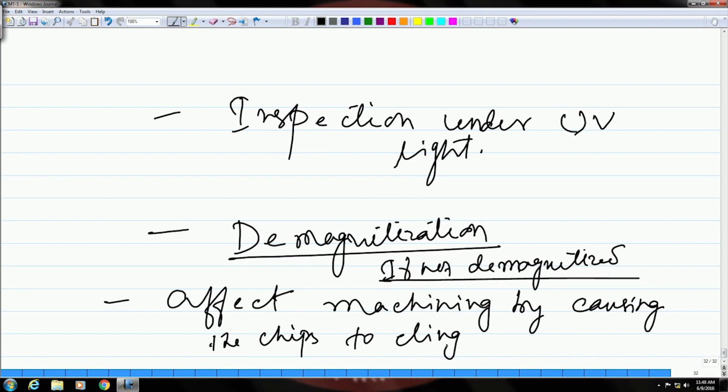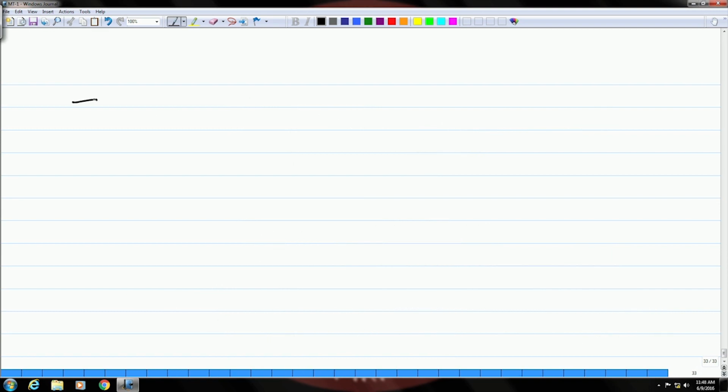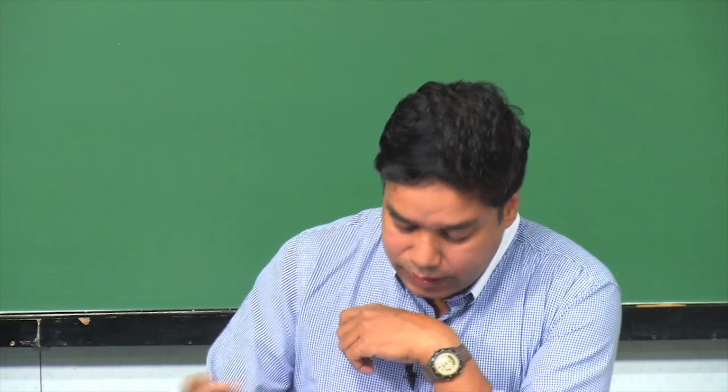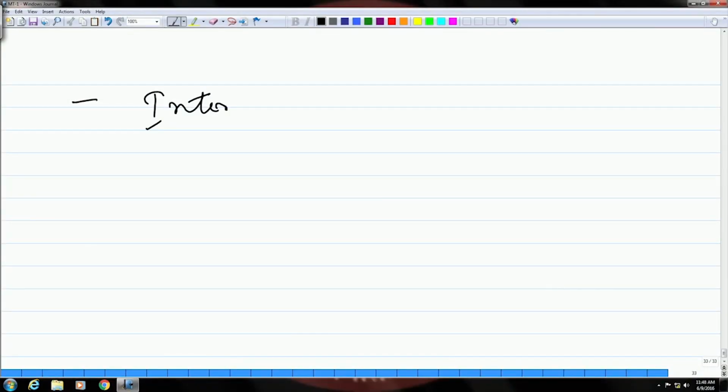The machining chips which are generated will stick to the surface, which will affect the machining operation. Then let us say the part has to be used in some kind of electronic system or some electrical system, then it can interfere with some other electronic components because of the presence of the magnetic field again.